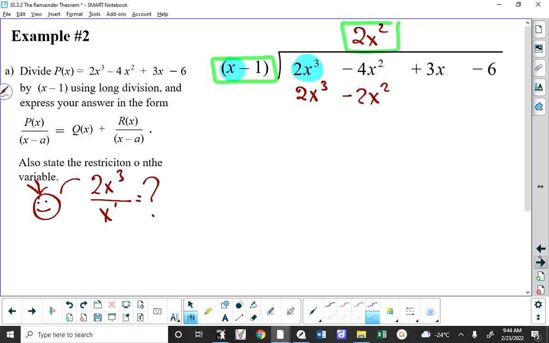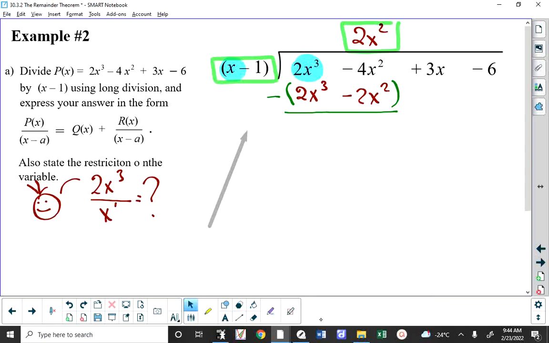Now what I'm going to do is subtract what I got from what's above. But since we're subtracting 2 terms, you need to subtract them entirely, meaning put them all in brackets. And then my reasoning, and I'm only using an arrow as a pointer here for anybody that needs to watch this on video because they're absent. I'm going to take now 2x cubed minus 2x cubed. Well, that's nothing. I don't need to write that down.